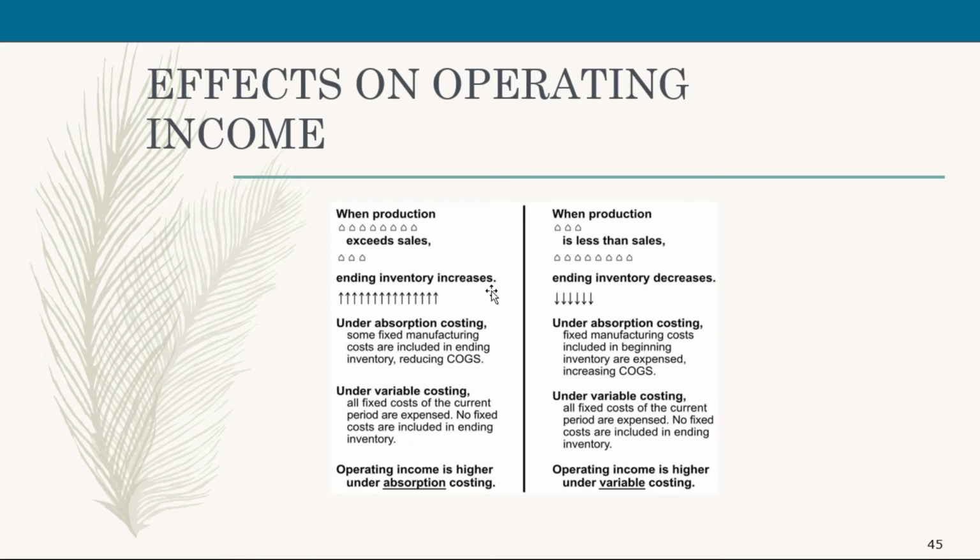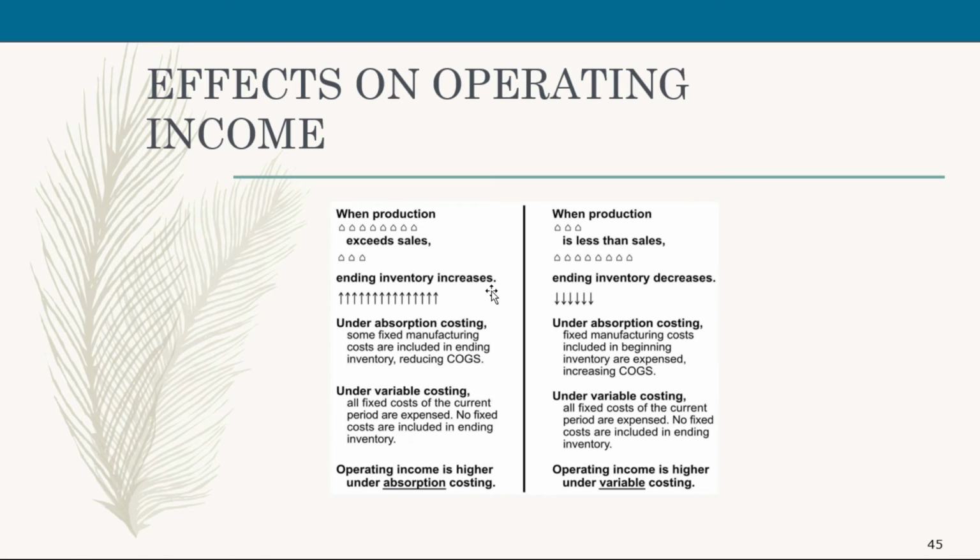Okay? Under variable costing, all fixed costs of the current period are expensed. No fixed costs are included in ending inventory. I think that is just the same if you have more units sold than units produced.